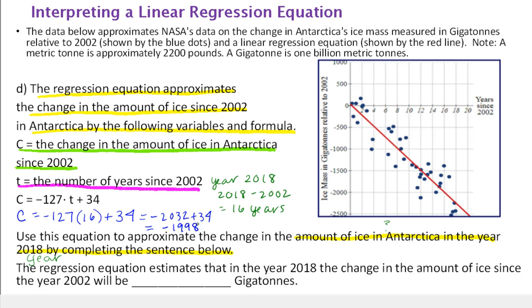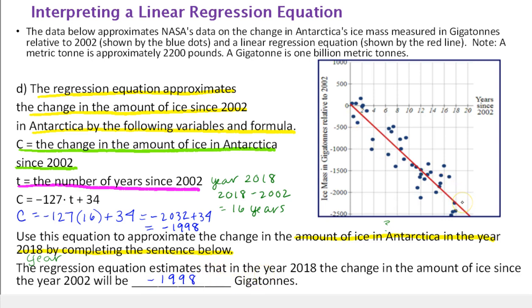Okay, so the regression equation estimates that in the year 2018, the change in the amount of ice since the year 2002 will be negative 1,998 gigatons. So we could also interpret that we are losing 1,998 gigatons according to this model.